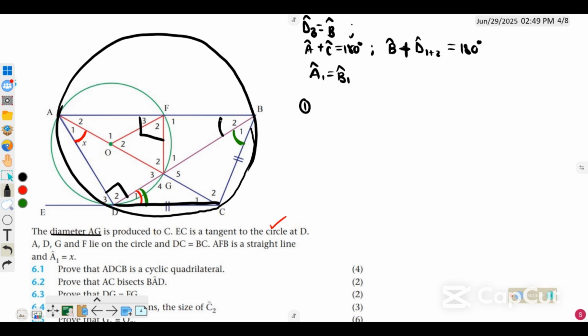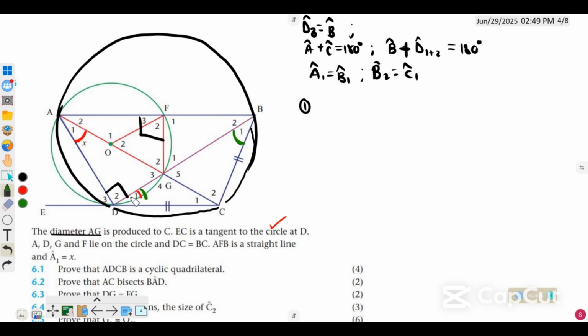Even if you can prove that this angle B2, which is subtended by AD, is equal to that angle C1, which is also subtended by AD, then you are sorted. And not only limited to those, there's many of them. Now you need to select which one is the easiest for you. Find the one that is easier to work with.